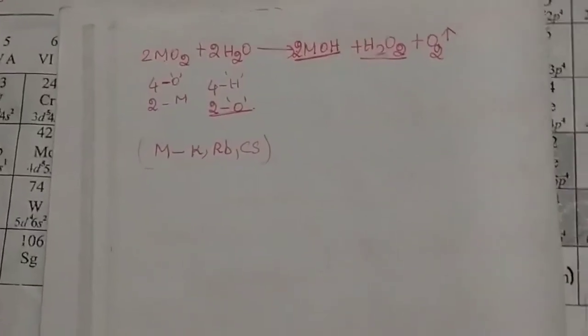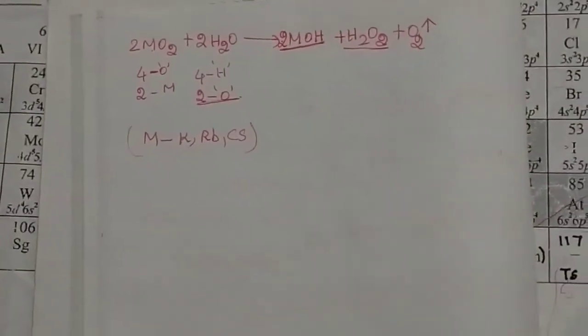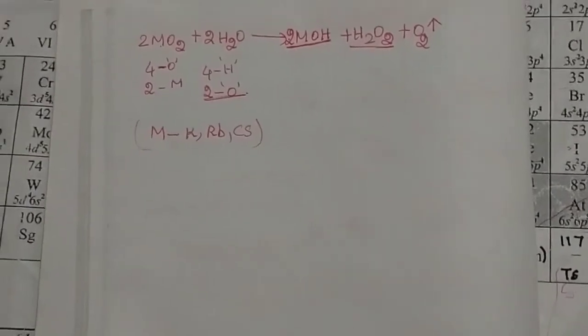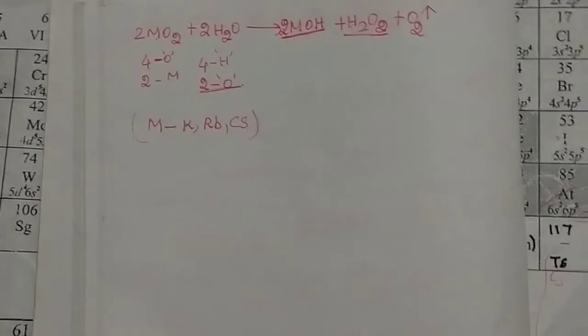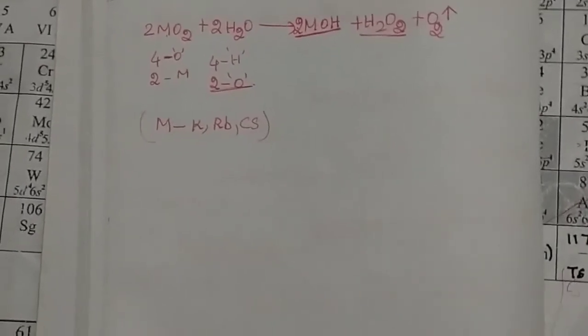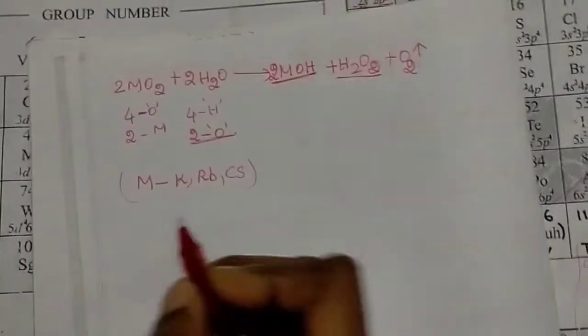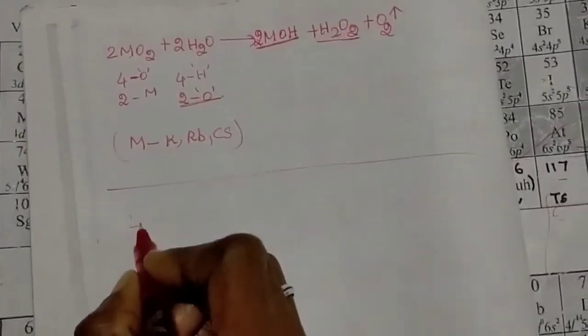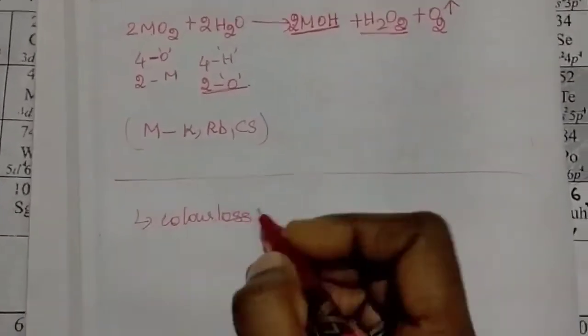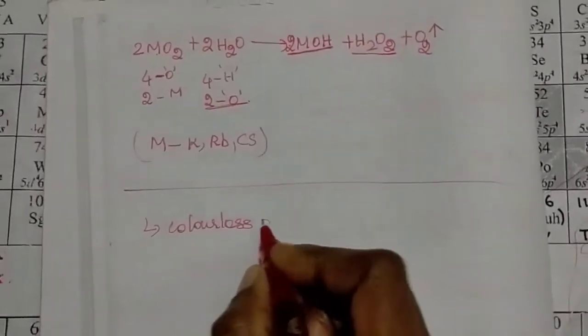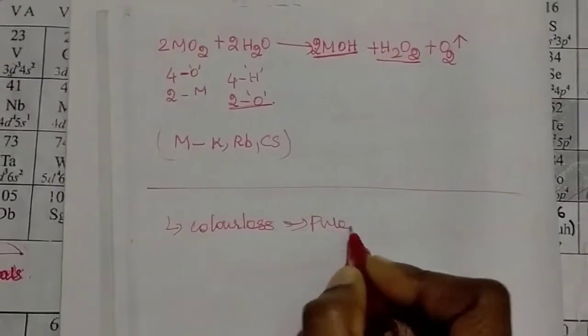So what are the properties involved in oxides and hydroxide? Generally, oxides and peroxides are colorless compounds in the pure state.